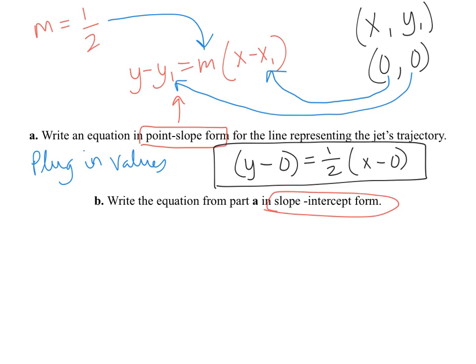My next task for B is to use slope-intercept form. That means I have the slope and the y-intercept. Y equals mx plus b is slope-intercept form. I found from the graph that m, or slope, was 1/2, and b, or the y-intercept, was 0.